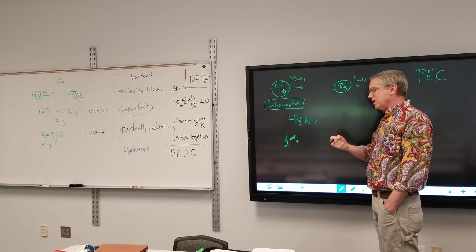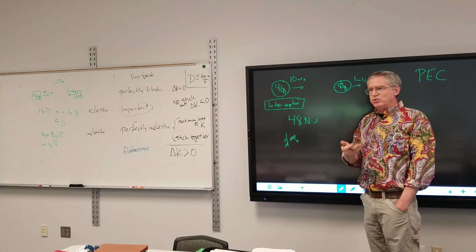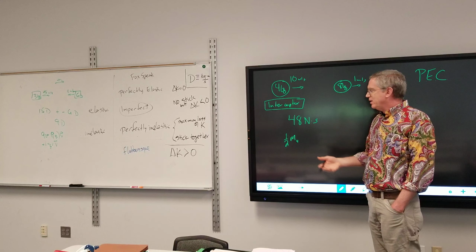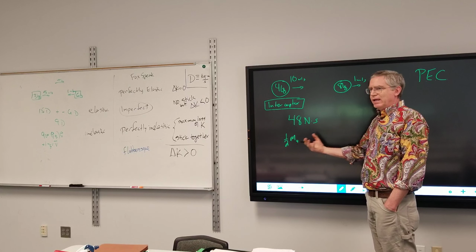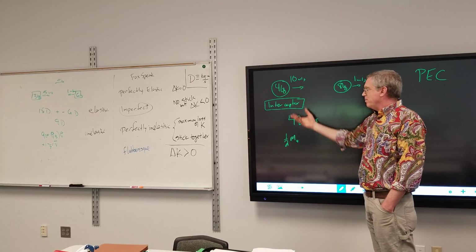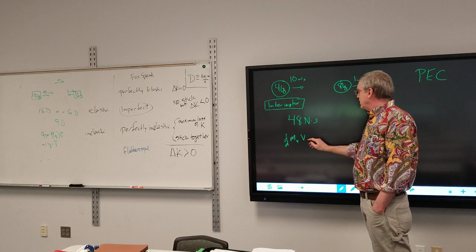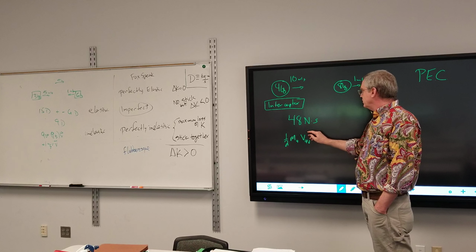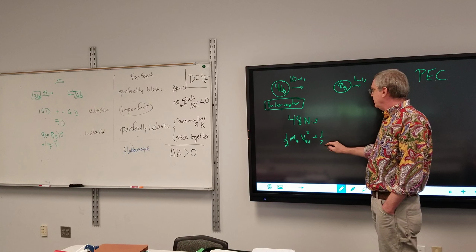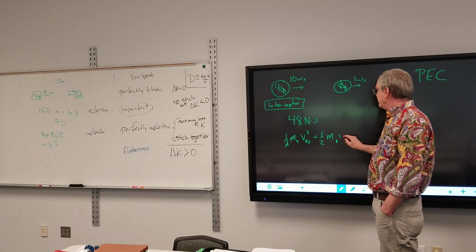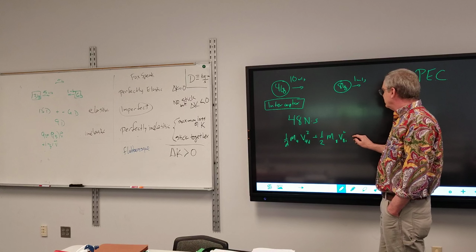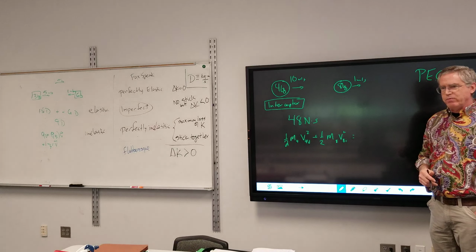It is helpful to me to use a subscript that has some meaning to the problem itself. I could do subscript 1 and 2 or A and B. It's a 4 kilogram mass, so I'm using subscript 4, times v4 initial squared, plus one-half m8 v8 initial squared. That's my total kinetic energy beforehand.